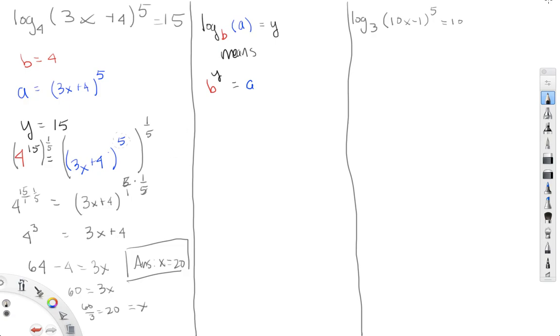Let's try it with this equation over yonder. The base of this logarithm is 3. y in this case is this number over here, 10. And the expression we put into the logarithm is this binomial.